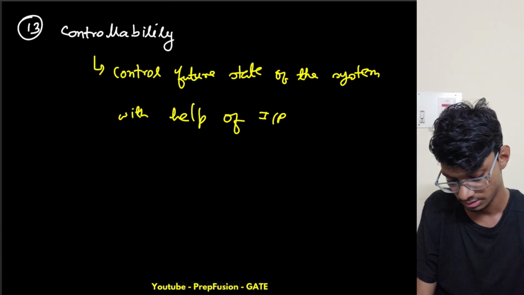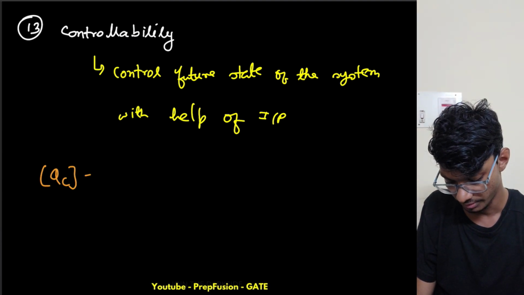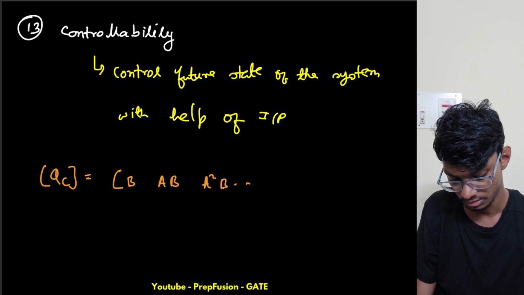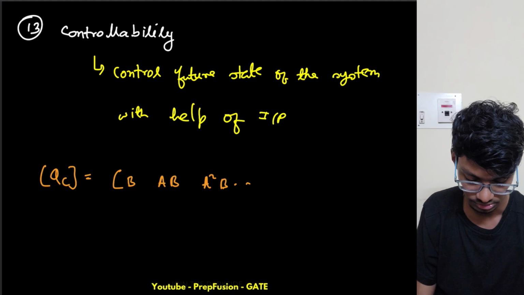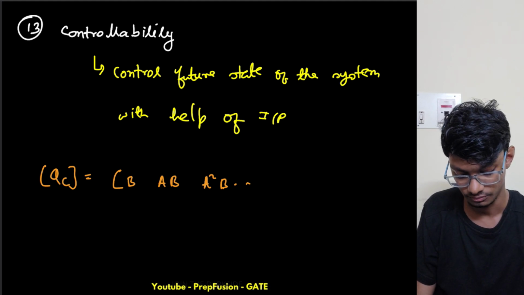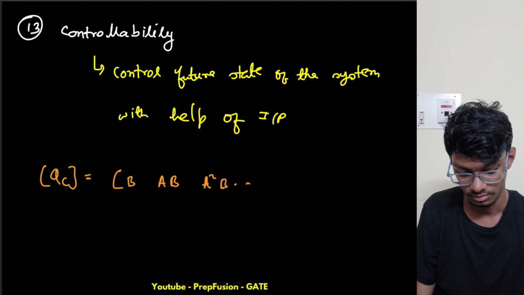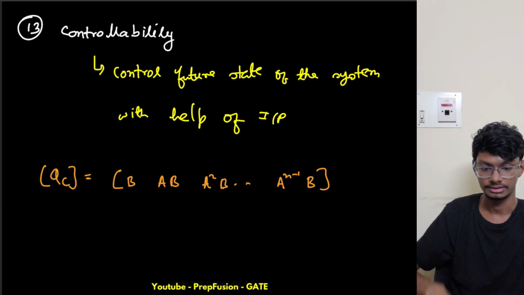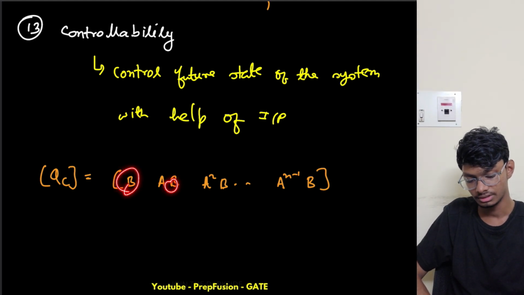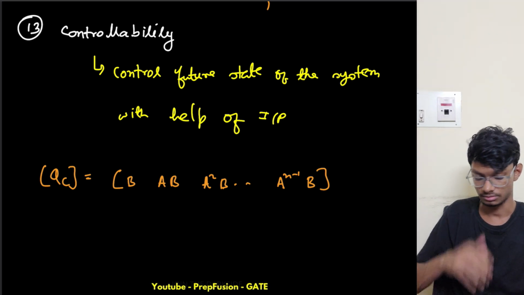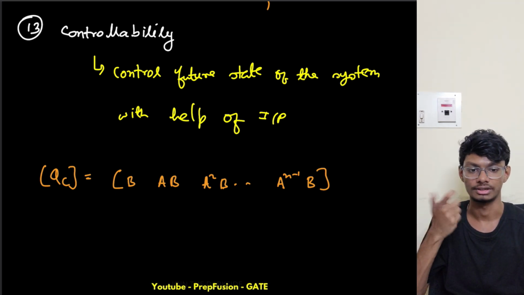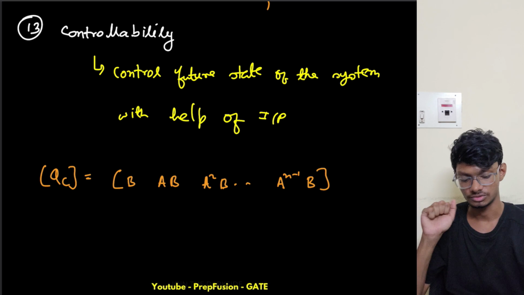What was the controllability matrix? It was like this: B, then AB, then A squared B, and it went till A^(n-1) B, right? So this is n times, each B being n cross m basically, but my input is 1 most of the time, so it is n cross 1.